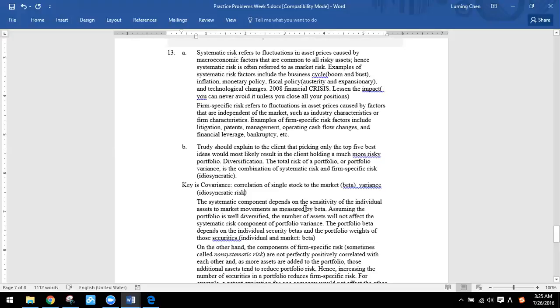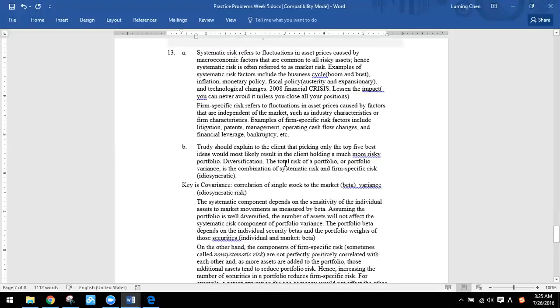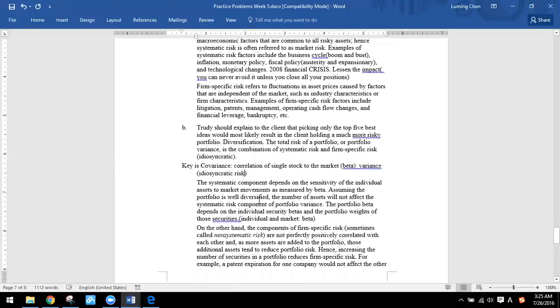If we add stocks, there is benefit of diversification. While the number of assets will not affect the systematic component of portfolio variance, the beta will change because it depends on the individual security betas and the portfolio weights of those securities.